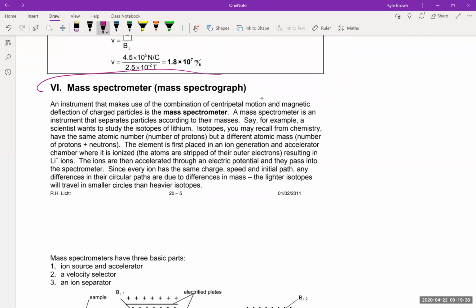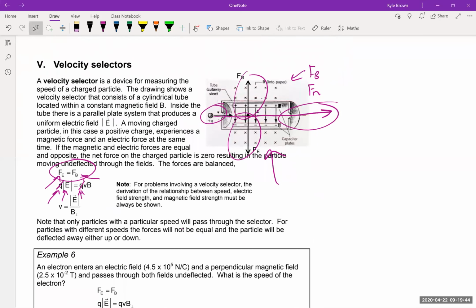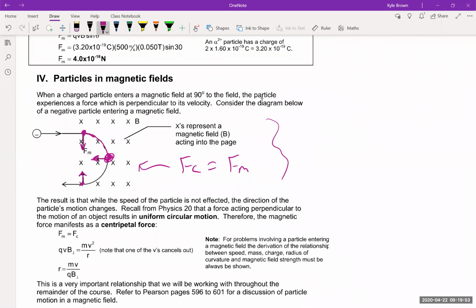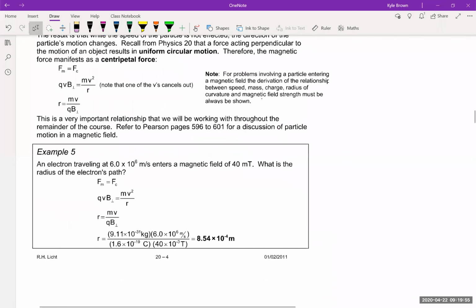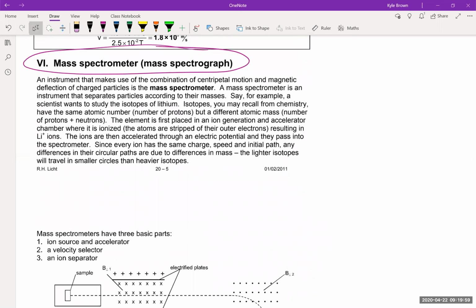A mass spectrometer is our third piece here. A mass spectrometer is just putting these two ideas together. We're going to take our velocity selector, which helped us figure out velocity, and combine that with particles in a magnetic field. Here's the idea.